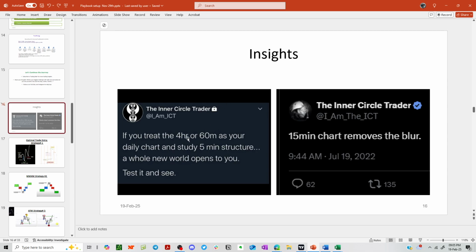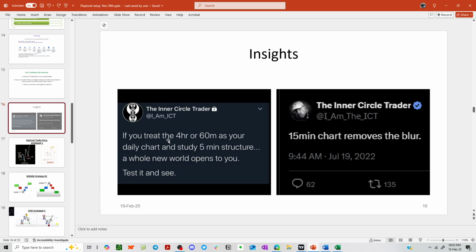Insights. If you treat the 4-hour, you notice these handles are different, but this is like a previous one. He closed this one and created this one during the mentorship, 2022 mentorship, but whatever. If you treat the 4-hour or 1 hour, 60-minute chart as your daily chart, as your higher time frame chart, and study the 5-minute structure, a whole new world opens to you.